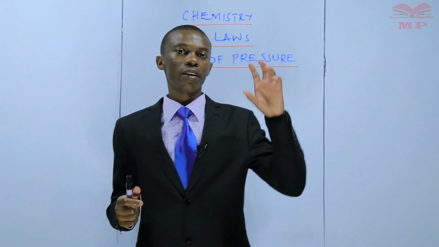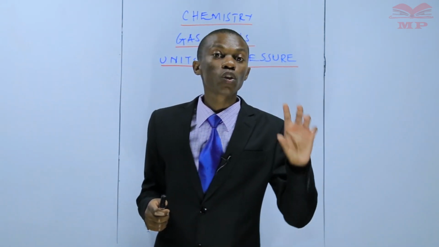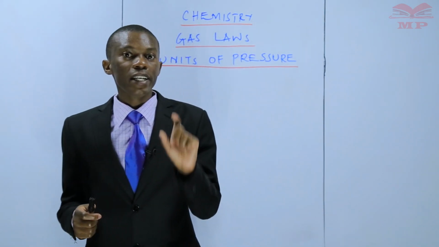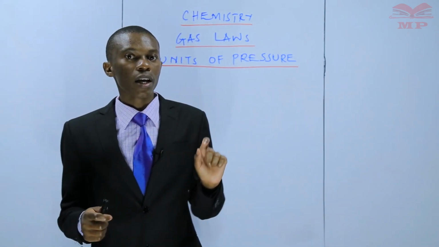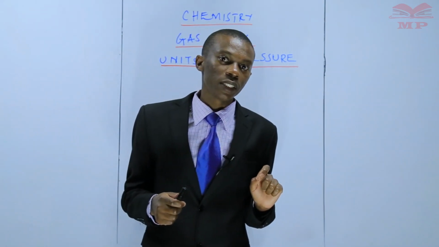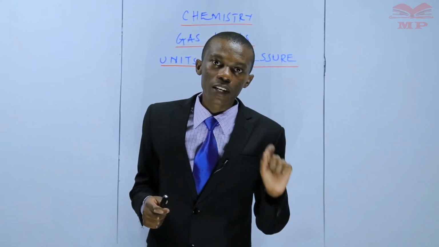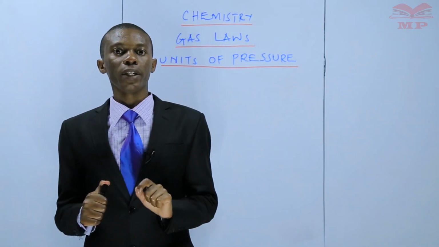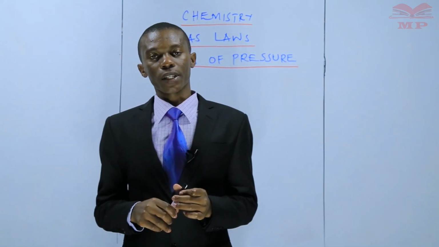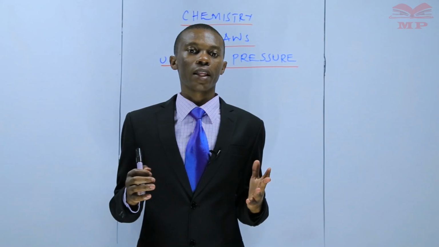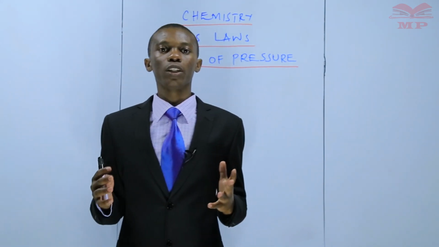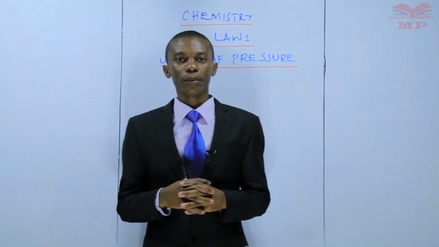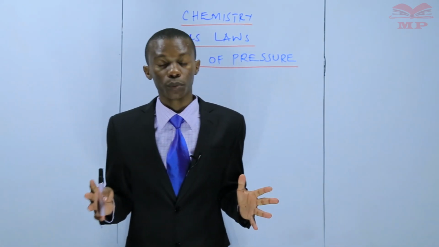And we said that V1 is the initial volume, P1 is the initial pressure, V2 is the final volume, and P2 is the final pressure. That is the formula we will be using to do some calculations involving Boyle's law.